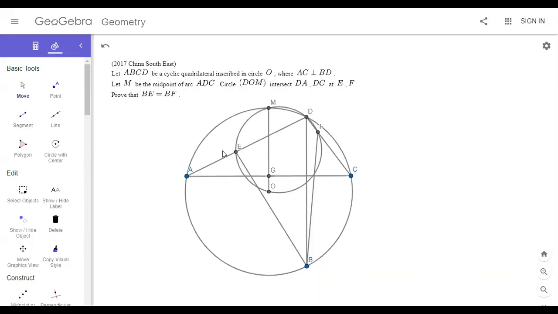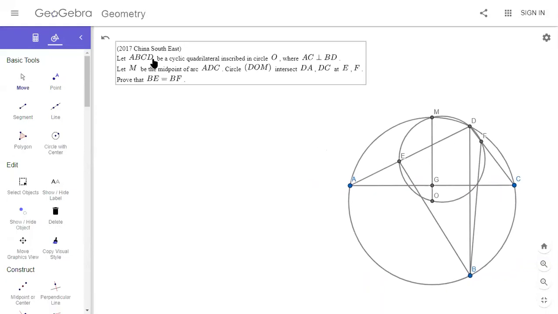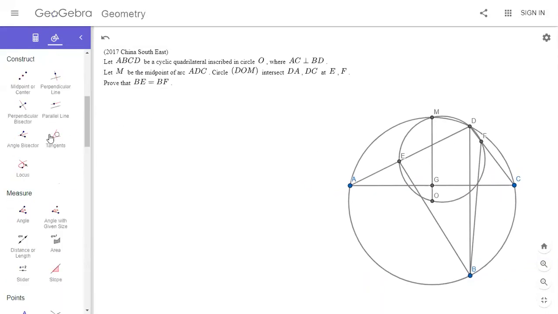Because MAC is isosceles and MG is perpendicular to AC, and then MEF is isosceles, and we want to show MB is perpendicular to EF. So that should be an angle chase. Okay. Yes. So I think we've solved it. So we're going fast today.